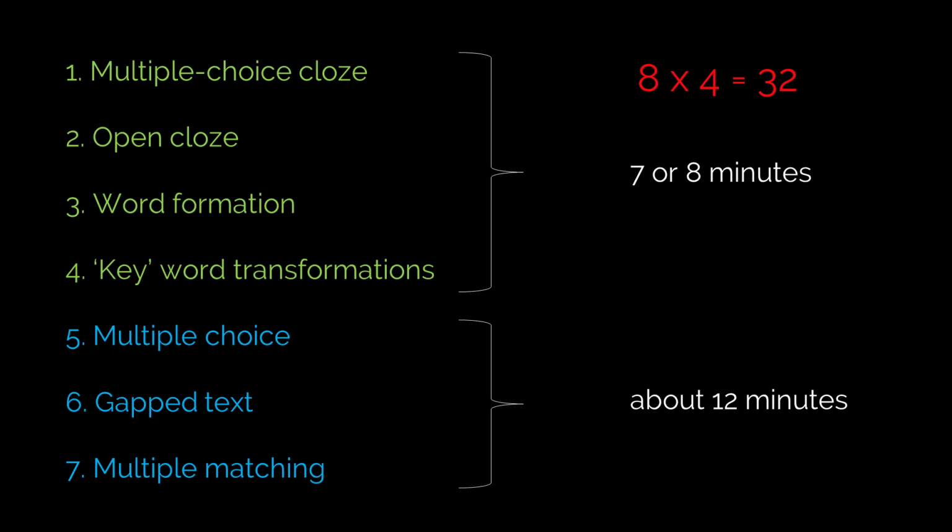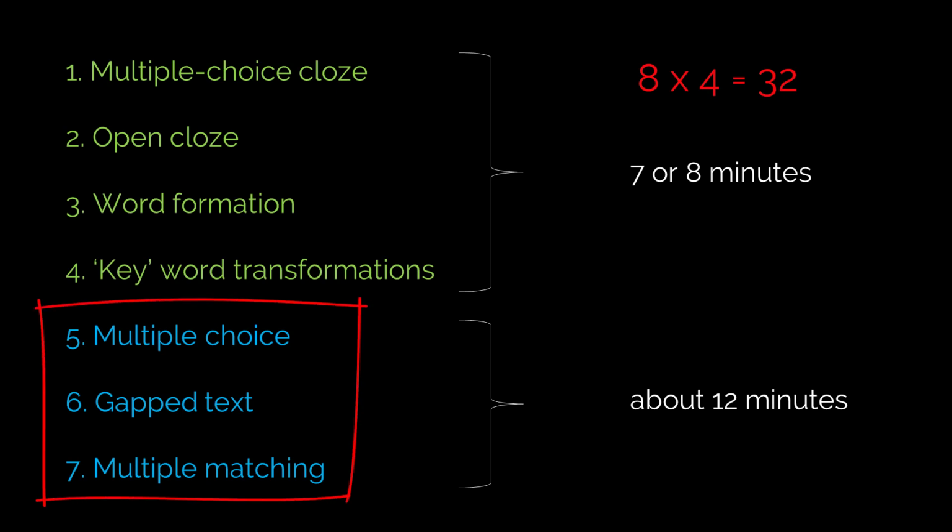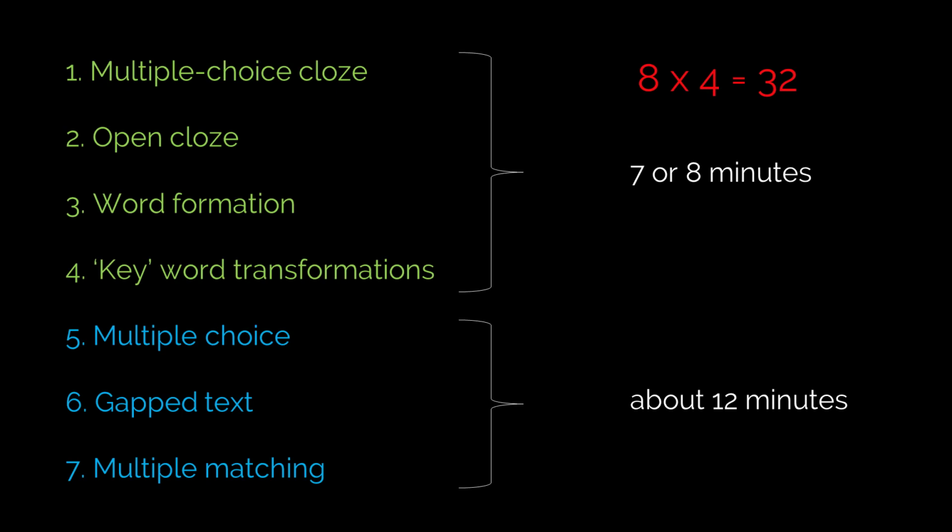Now in parts 5, 6 and 7 you have a lot more text to read. So if I were you, I would spend about 12 minutes on each part, more or less 12 minutes. So 3 times 12 is 36. 32 plus 36 is 1 hour and 8 minutes.